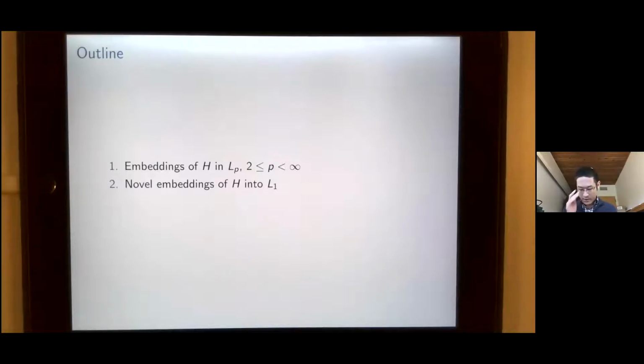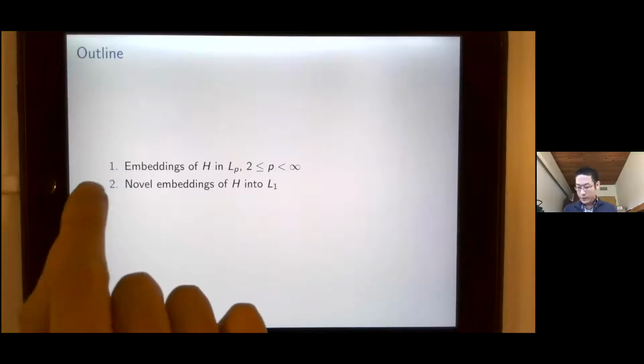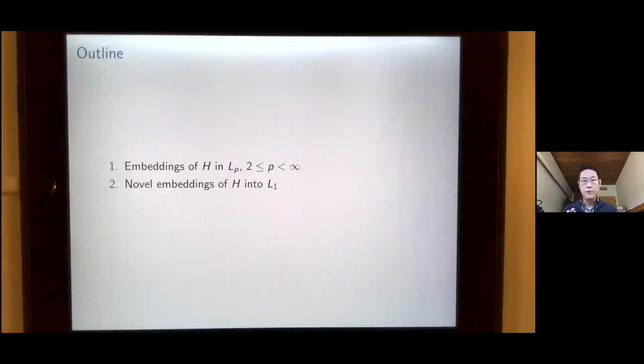Okay, so let's start by looking at embeddings of the Heisenberg group in Lp spaces. Yeah. May I ask a question? Uh-huh. Which Lp spaces are you considering? Is it Lp of sequences on the integers? Because these are finite metric spaces, it doesn't really matter too much.